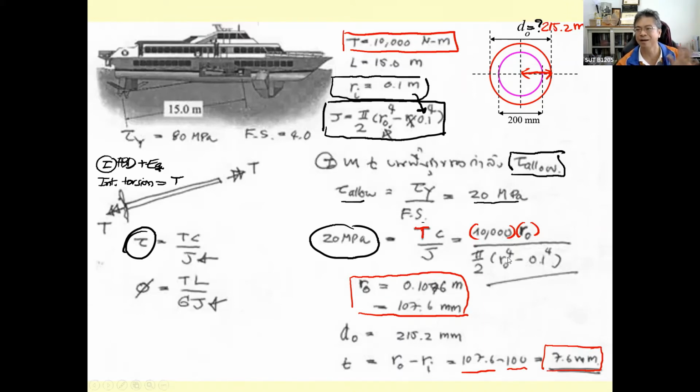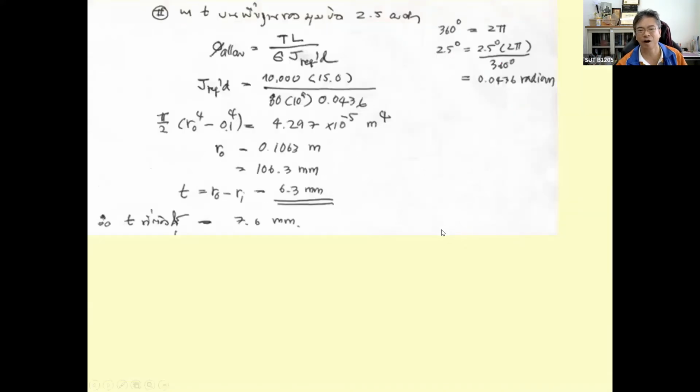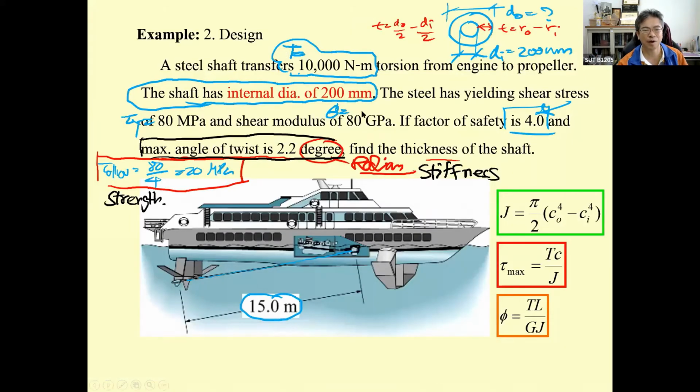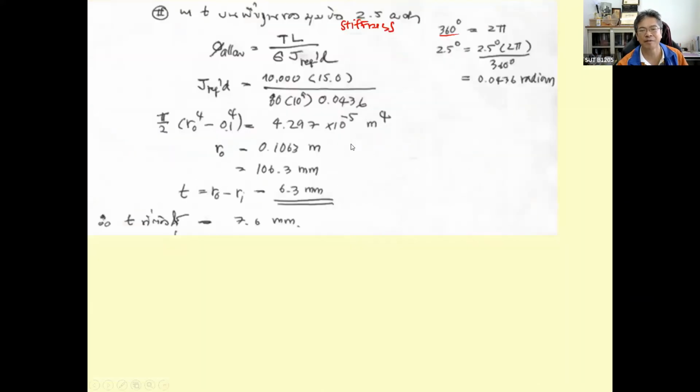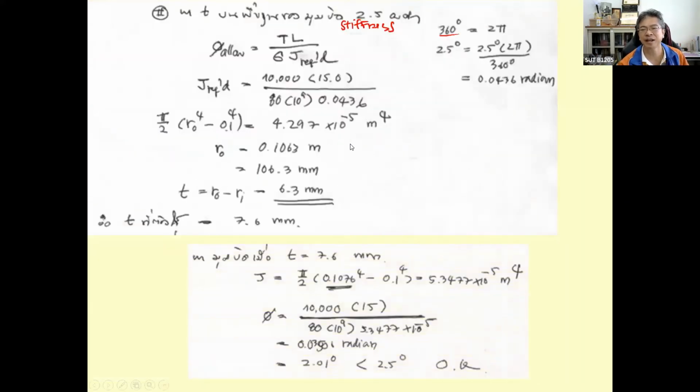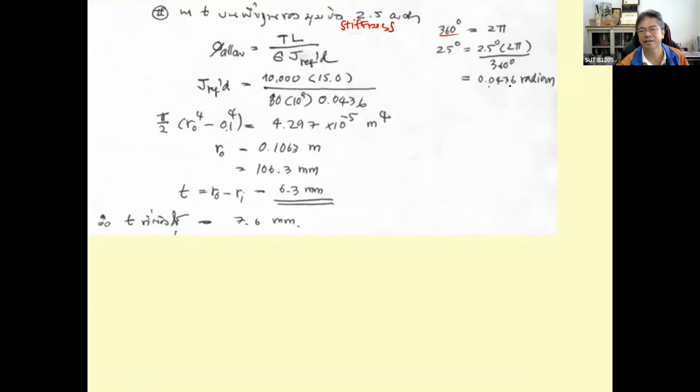Okay, not enough. You got to check for the stiffness. Based on this angle of twist, or the stiffness, we change 360 degree. This one uses 2.5. And then you just change it to radian. Okay, do the proportion.